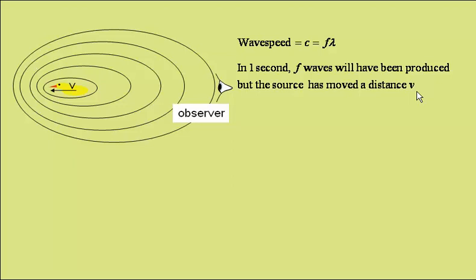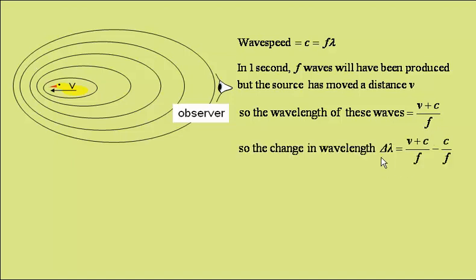Distance is equal to speed times time, so in a time of 1 second we move a distance equal to the magnitude of that speed. So the source has moved a distance v to the left, the waves have moved a distance c to the right. So the wavelength of these waves is the distance available to them, v plus c, over the number of waves produced, f.